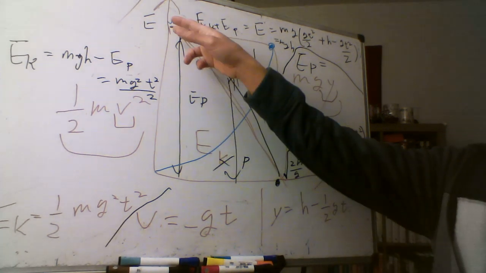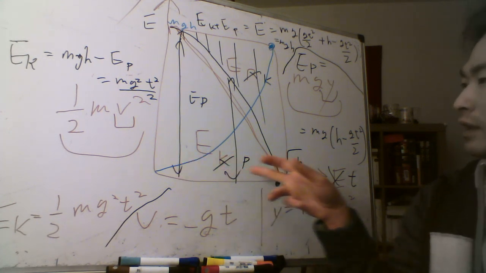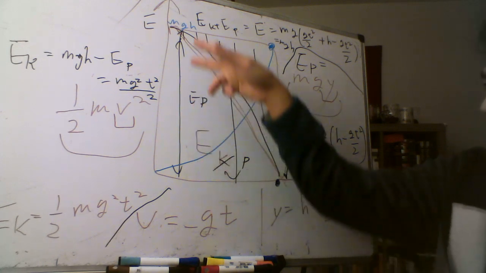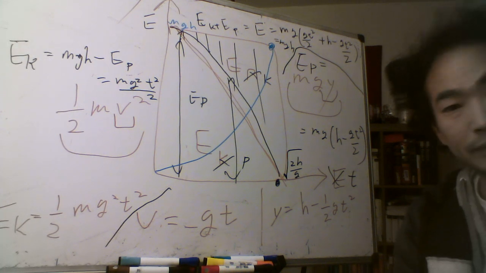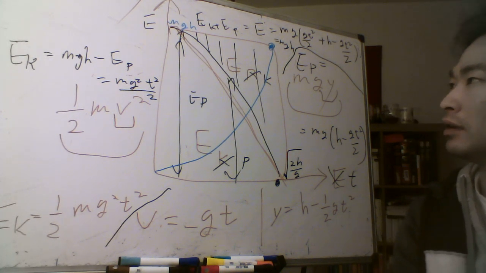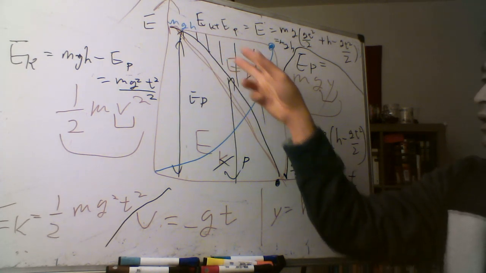So this maximum energy, it's like this. Okay, so horizontal axis is the time, vertical axis is the energy. All right, the line, we have this line.